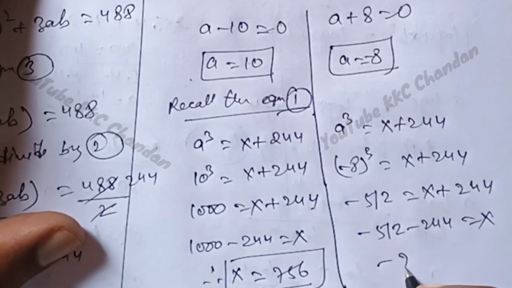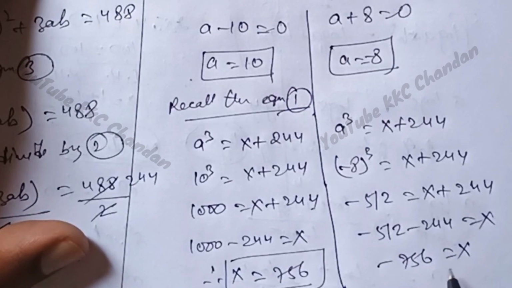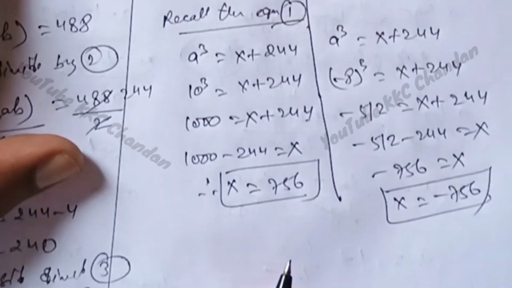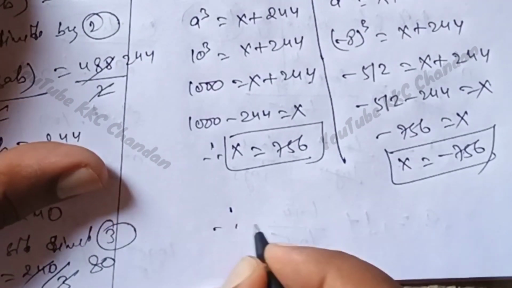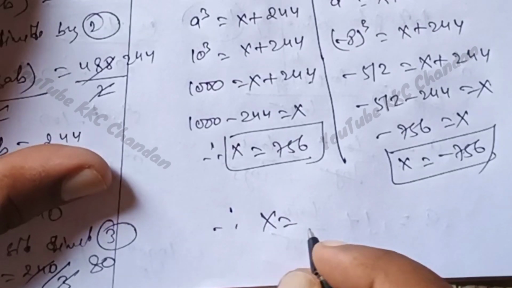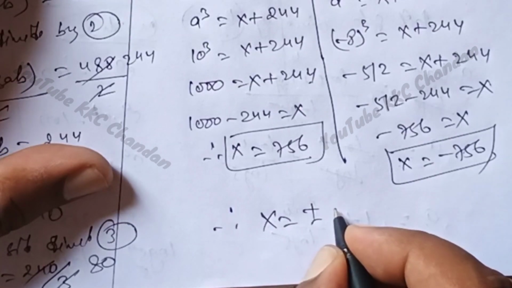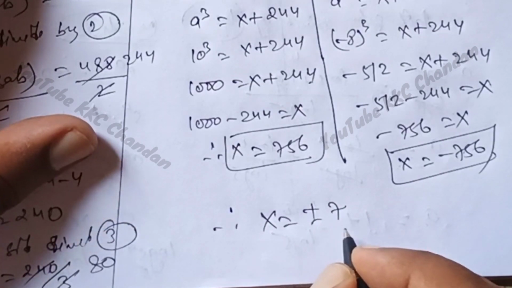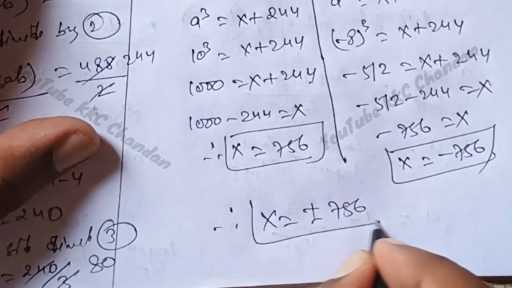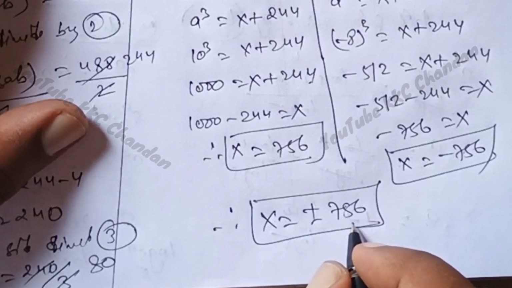Minus 756 is equal to x. Therefore the x value is minus 756. Therefore x is equal to plus minus 756. This is the final value of x.